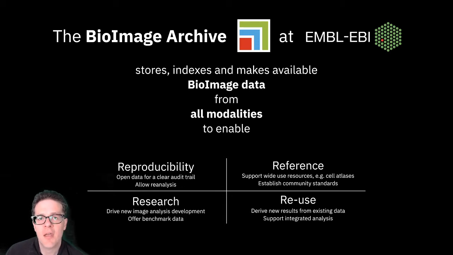Firstly, to make publications based on imaging data more reproducible and auditable by providing open access to the image data that support results in those publications, to host reference data sets for the community, and to encourage reuse of image data, particularly with the aim of enabling new research, both fundamental biological insights, but also better image analysis techniques, opportunities for benchmarking on reference data sets, and so on.